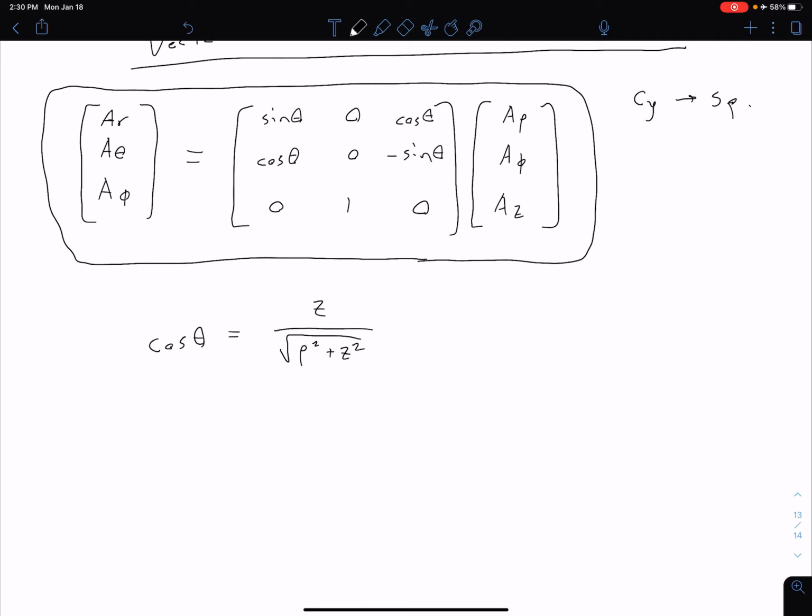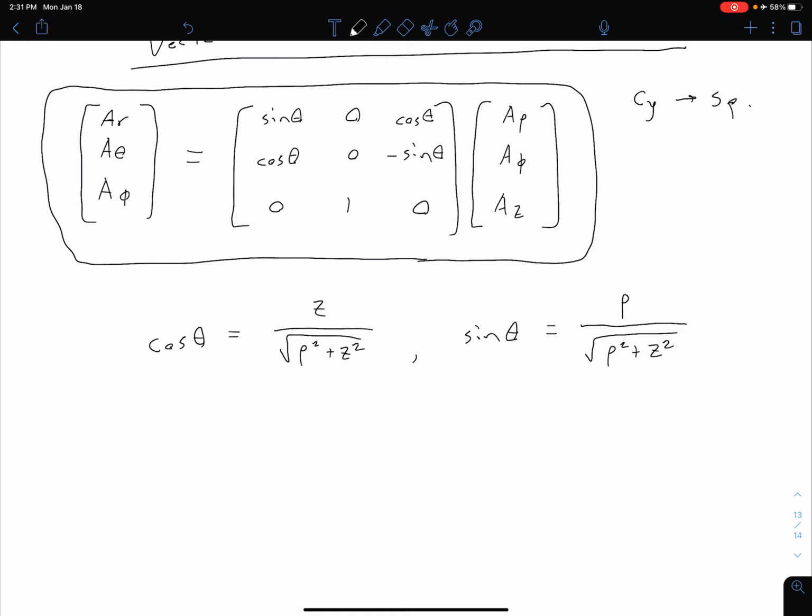This is essentially still r, but instead of defining this denominator in terms of x, y, and z, we have it in terms of rho and z. Similarly, sine of theta is equal to rho divided by the square root of rho squared plus z squared. Again, same equation as in the previous video, we're just using rho instead of x and y.